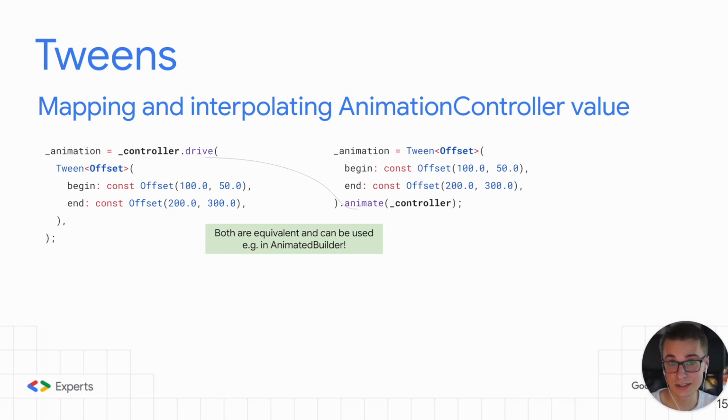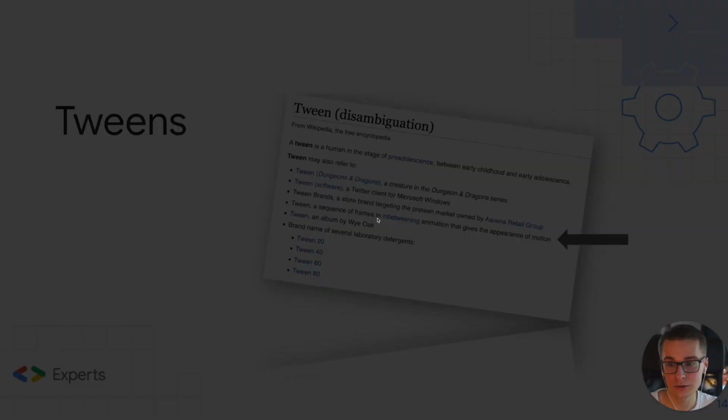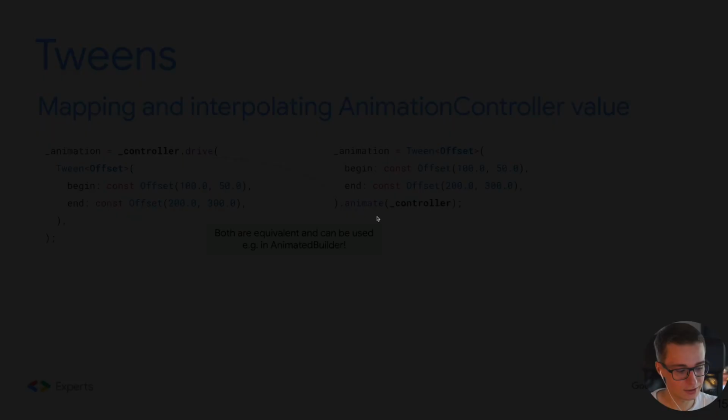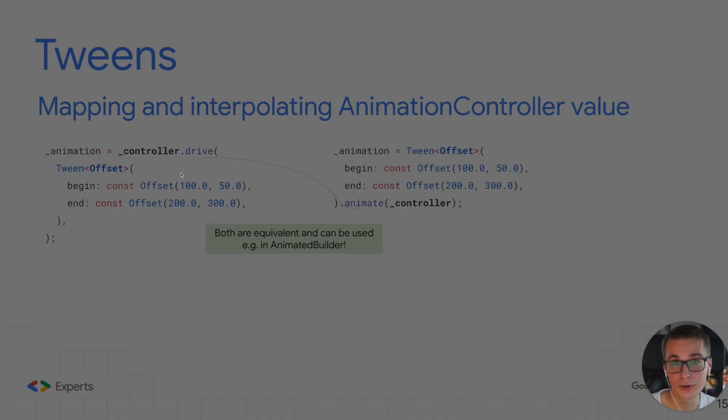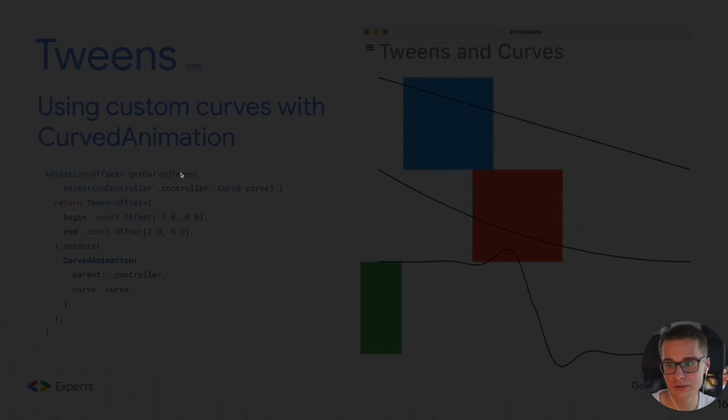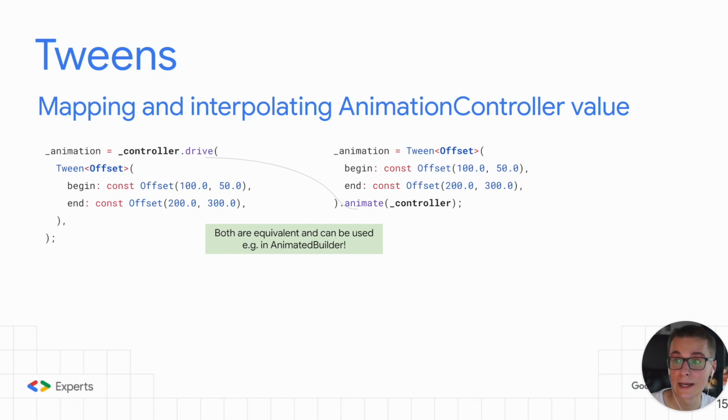In the case here, these two code snippets are the same in effect, i.e. they will give you the animation object. What's important, you can drive the controller with the tween, or you can animate the tween with the controller. So this is equivalent.